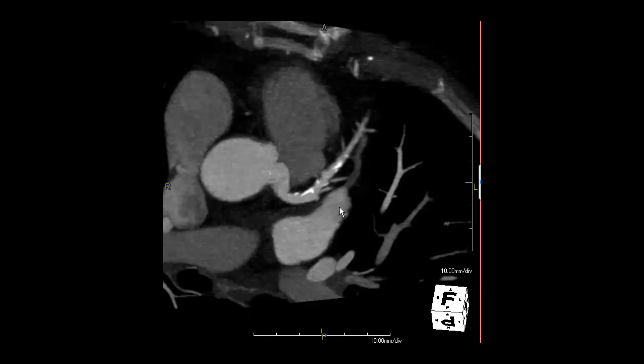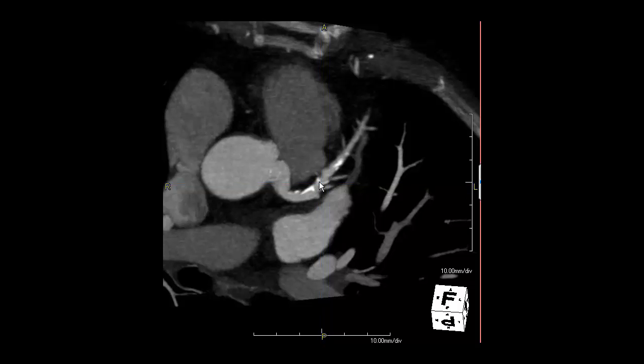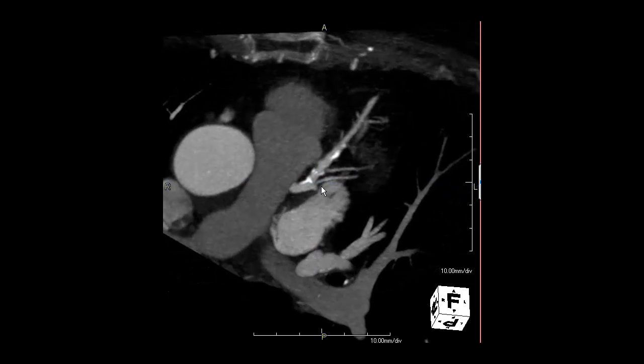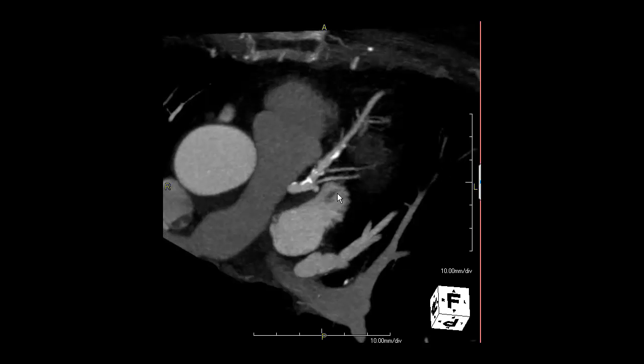We now focus on the left anterior descending. There is clearly eccentric calcified plaque rather diffusely in these vessels. This would probably be called the D1, which appears to be generally normal.